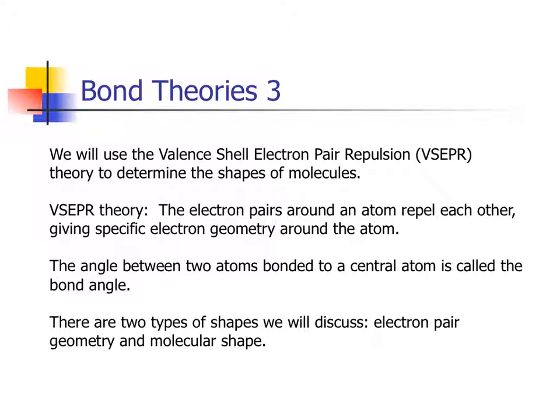First off, we need to look at what is known as VSEPR theory. VSEPR stands for valence shell electron pair repulsion. It talks about the electron pairs, how we remember our Lewis dot structures, how they are placed around that element or around the symbol.